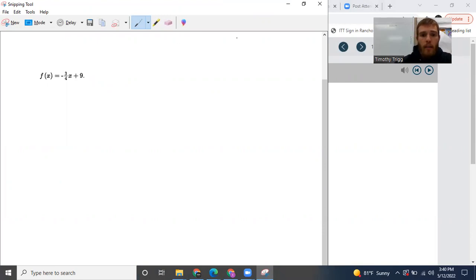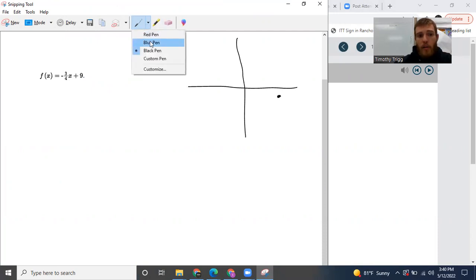One thing to know about an inverse is that whatever point on the original function, let's say this is a point from f of x, so it's a point on the original function, an inverse is a reflection across this line.